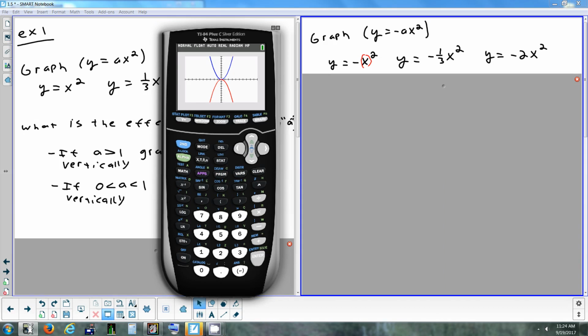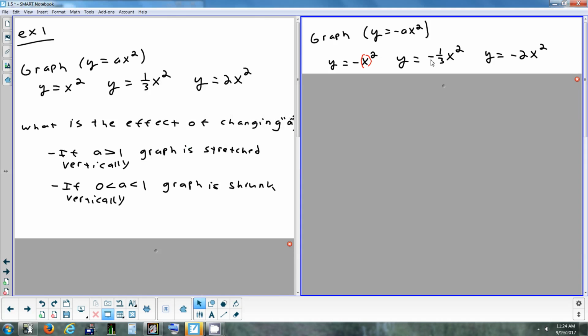All these other ones have two things happening, and you would describe them separately. The negative is doing something, and then the 1/3, we just talked about on the other page. The negative here is going to do something, and then the 2 is going to do something else. So you describe the negative and the number that's next to it, if there is one. In the first case, there isn't. But you describe them separately.